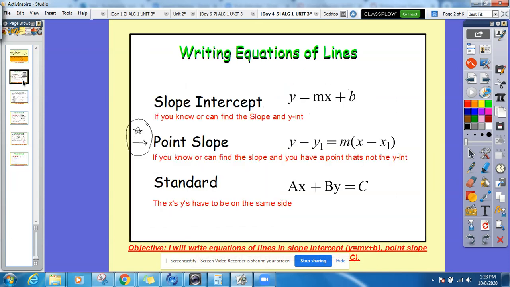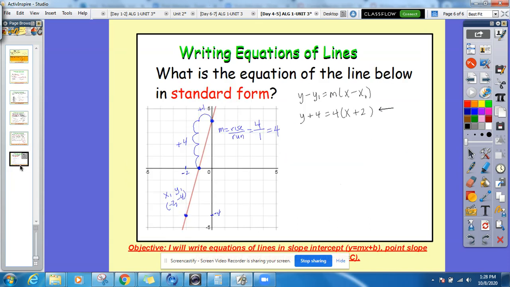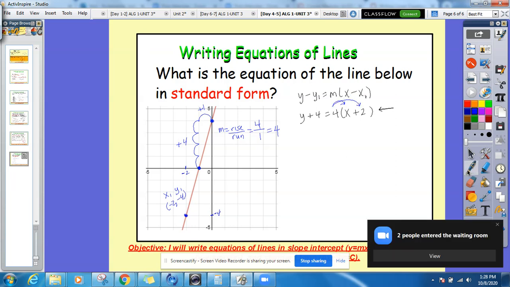That means all the x's and the y's are on the same side over here, and our constants are by themselves, okay? So to do that, we're just going to solve this like normal. So I would start by distributing. We have y +4 is equal to 4x +8.